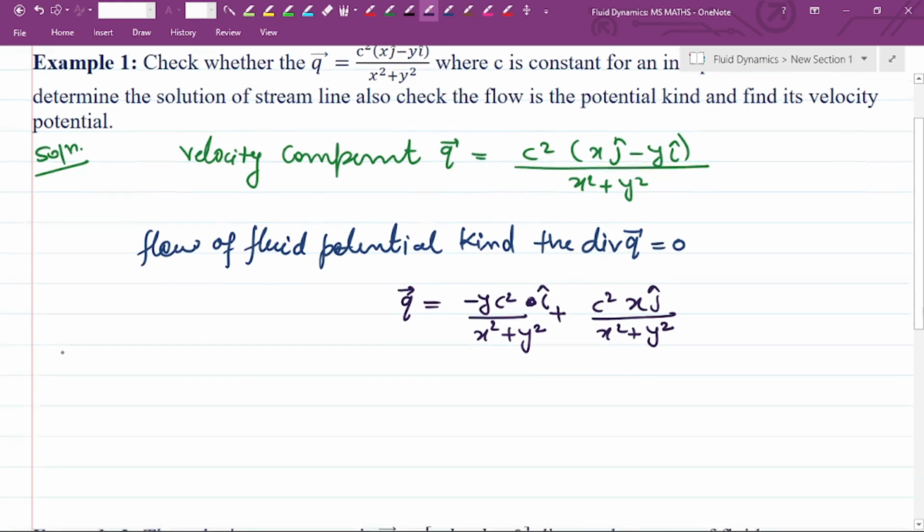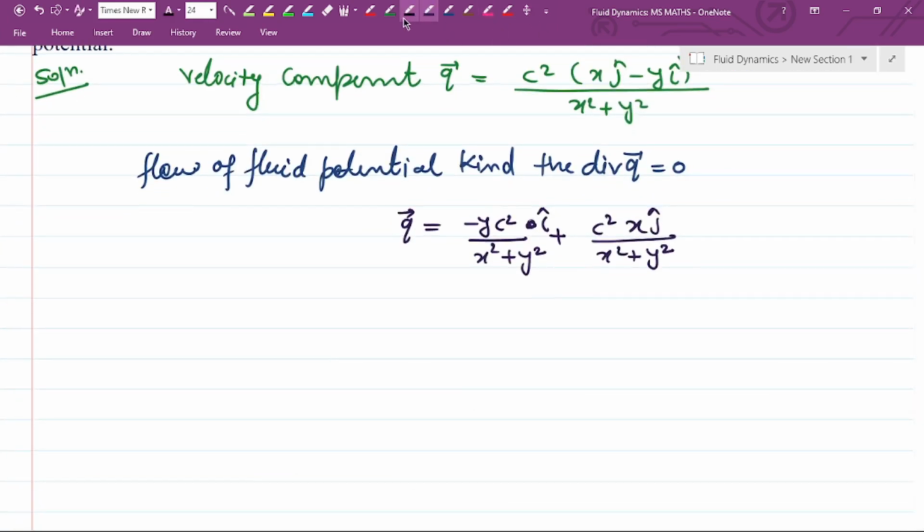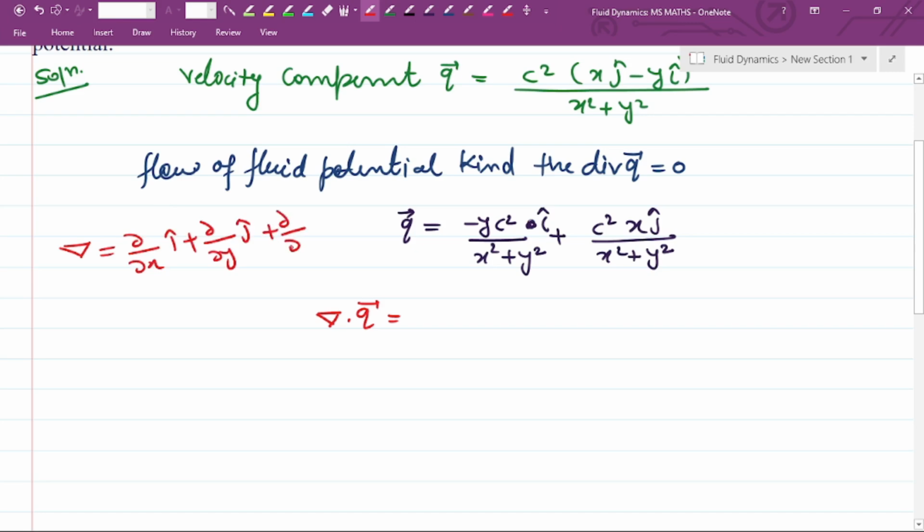Now whenever we want to find the divergence, we'll apply the formula of divergence. The divergence formula is del dot q vector. In 2D, del is dou by dou x i cap plus dou by dou y j cap and dou by dou z k cap. There is no k component, so this term will be 0.